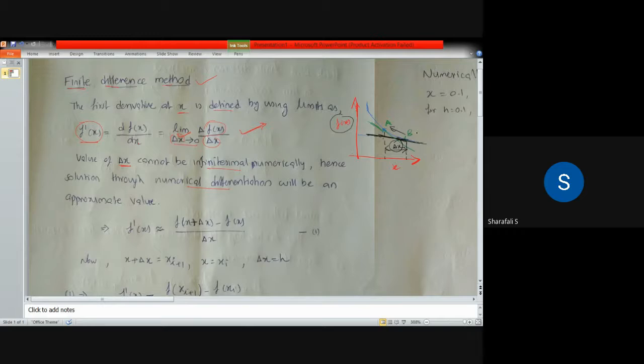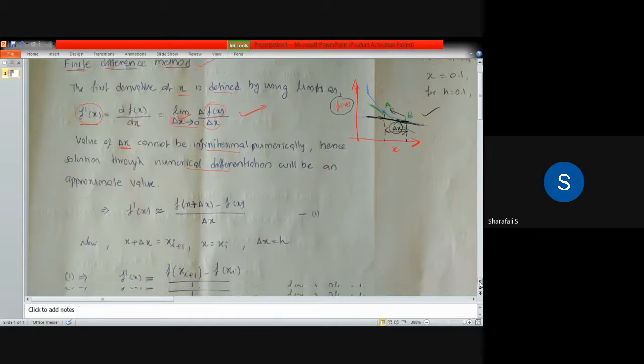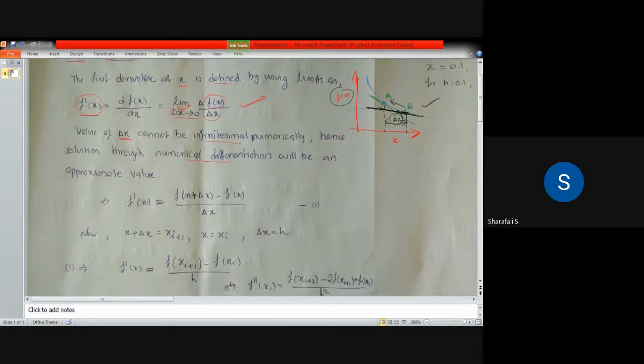That is the basic principle of this method. So we have to reduce the delta x value as small as possible so that we get an accurate result. If it is larger, then we will not get an accurate result, because you can see the slope is very different.